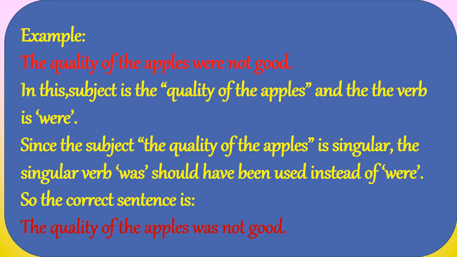So the correct sentence is: the quality of the apples was not good. The first example is wrong, and the correct one is the quality of the apples was not good, because here the subject is the quality and that is singular. So we are supposed to use the singular form of the verb, that is was.